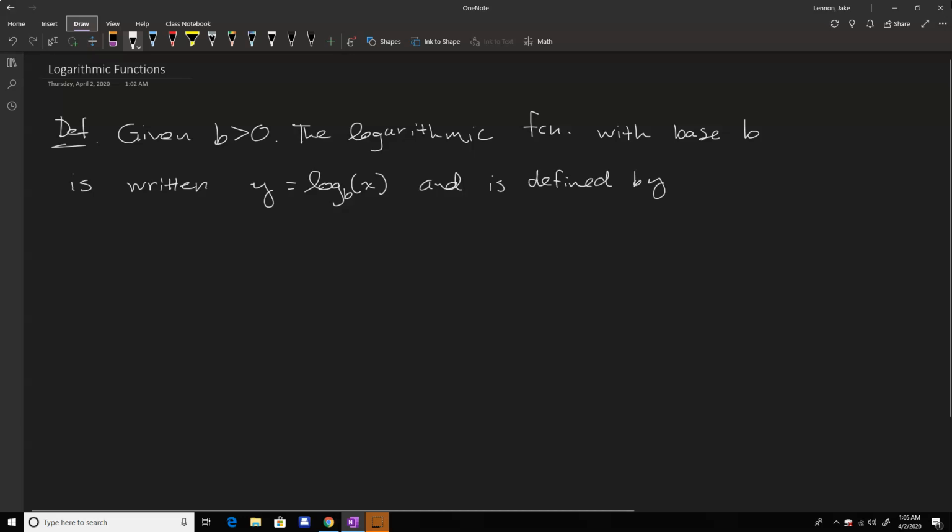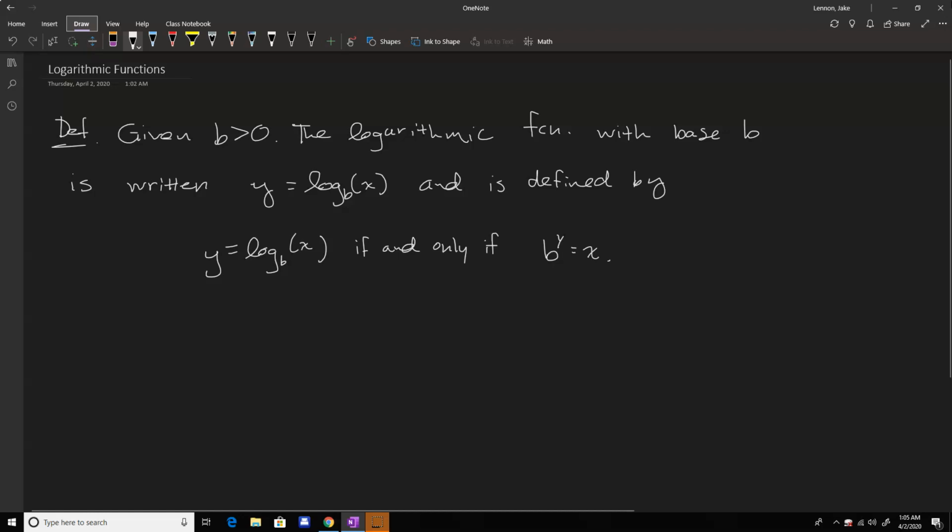So y is equal to log base b of x if and only if the following equation also holds: b to the y power is equal to x.